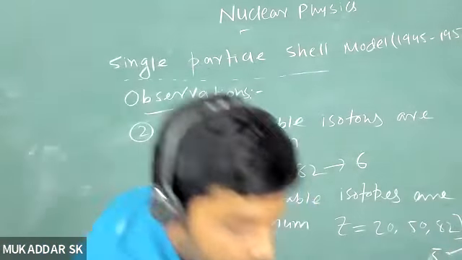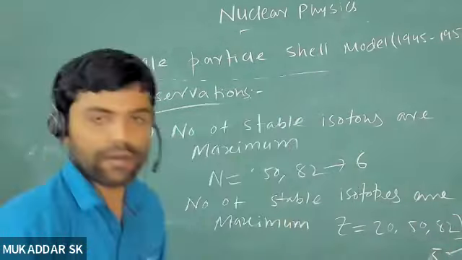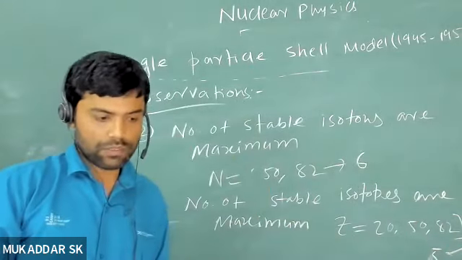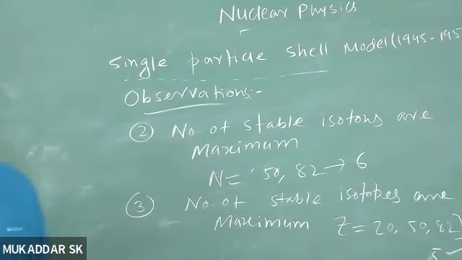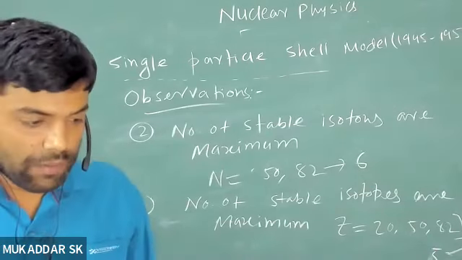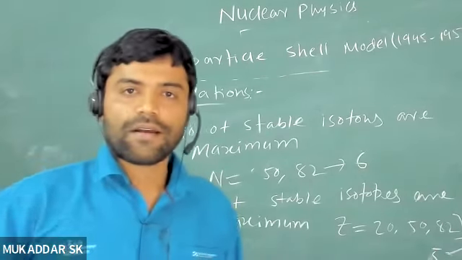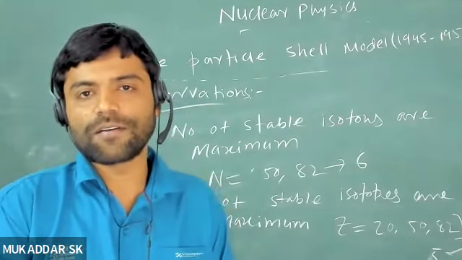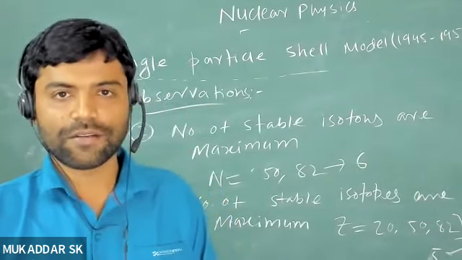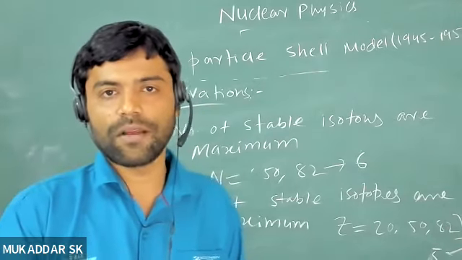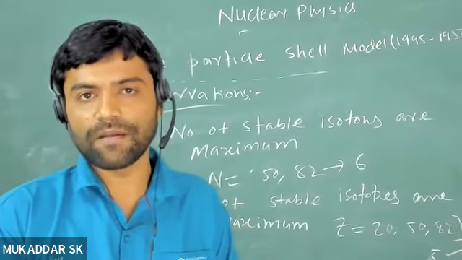Then the most abundant element in nature, can anyone tell me? Hydrogen? No. How can you think that? Most abundant means most stable, right? And for most stable, again, that number belongs to a magic number. Helium has a magic number, so I cannot say hydrogen, because hydrogen does not have any magic number.